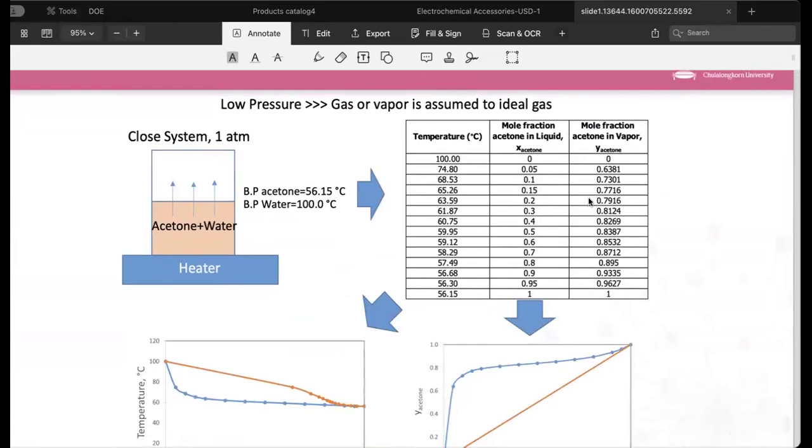What about X2 and Y2? Yeah, different gamma, but how can you calculate it? Can you calculate it? Yes or no? Yes, because this is X1, you can calculate X2 by 1 minus X1. And for Y2, you calculate it by 1 minus Y1, right?